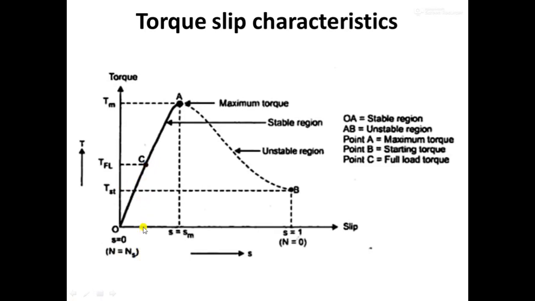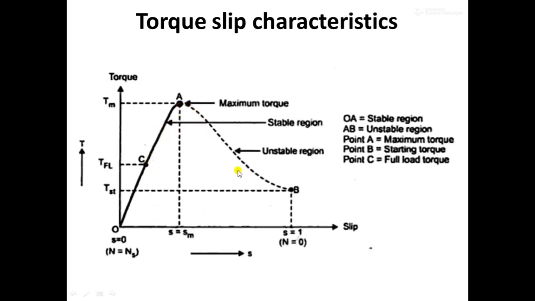So let us assume that the new value of slip is somewhere over here, and the corresponding developed torque will be definitely larger than the previous developed torque. So this large developed torque will compensate the increase in the mechanical load. Hence we say that this low slip region is actually a stable region. So we will fix the operating point of the induction motor anywhere in this stable region.